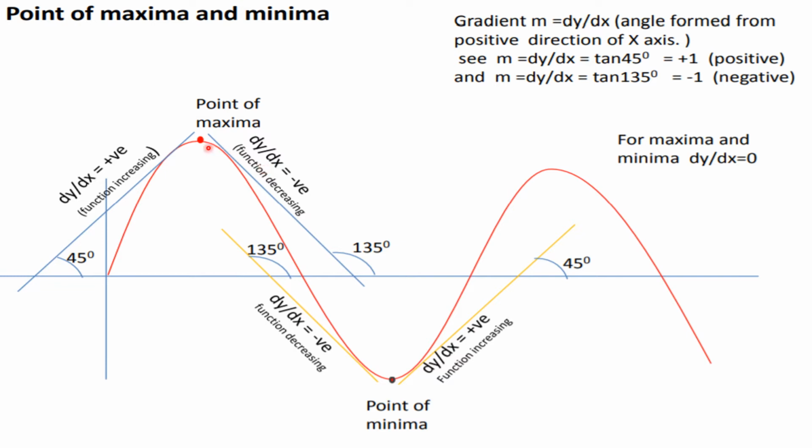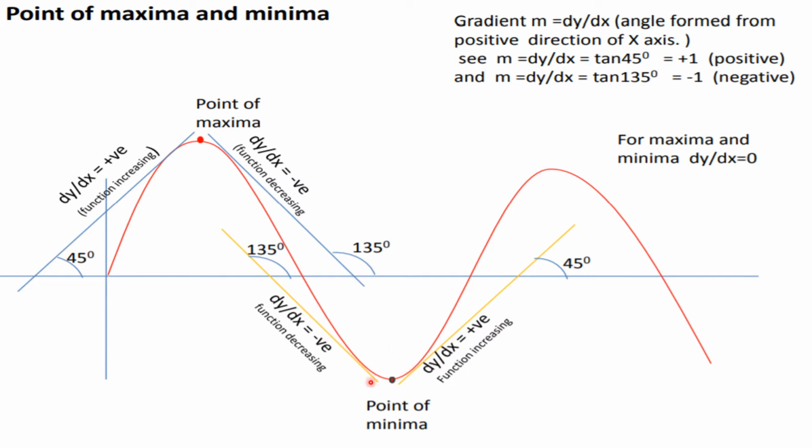At this point the left side slope of the tangent is positive and the right side slope of the tangent is negative. If it changes from positive sign to negative sign at a point, then it is said to be a point of local maximum.